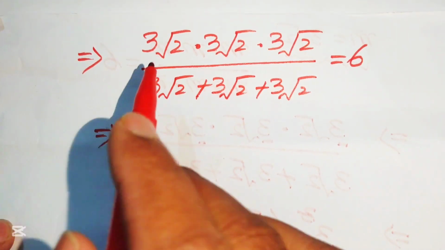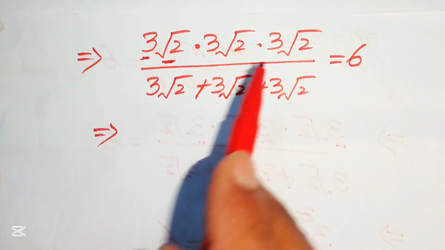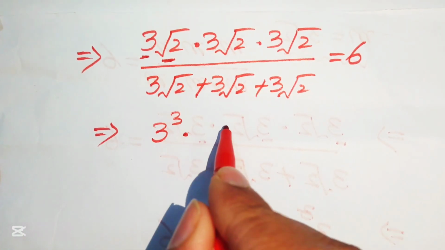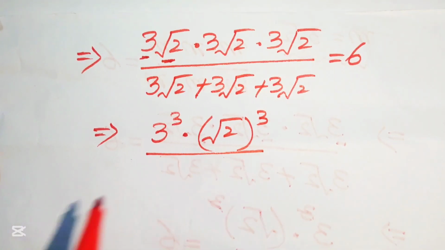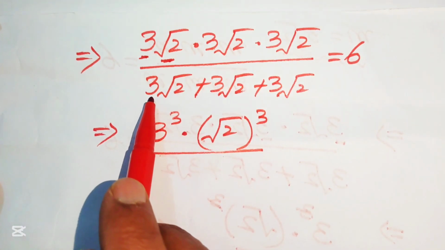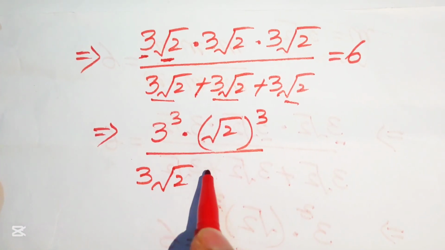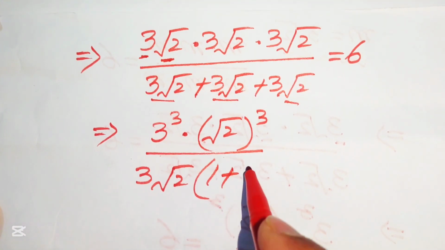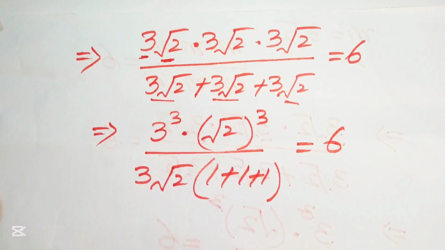You see that this 3 is multiplied 3 times, and this square root of 2 is multiplied 3 times, so we write it as 3 cubed multiplied by square root of 2 whole cubed, divided by, here these are common terms, so we take common 3 into square root of 2, and the remaining terms are 1 plus 1 plus 1, and this equals 6.